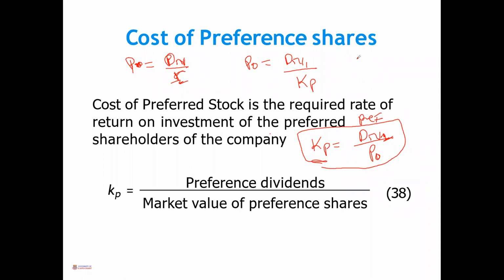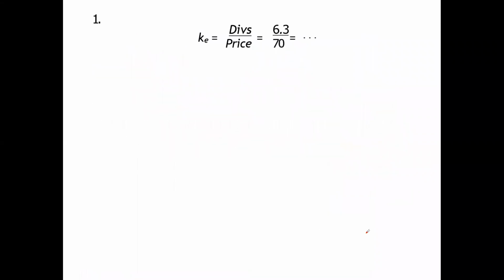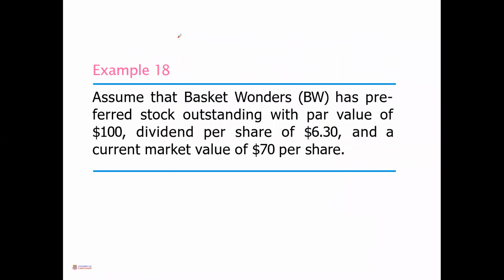What if the dividend is growing? Anytime there is growth, remember I said that the price of a preference share is the dividend 1, the dividend you expect to receive, over the cost, because it's a perpetuity.